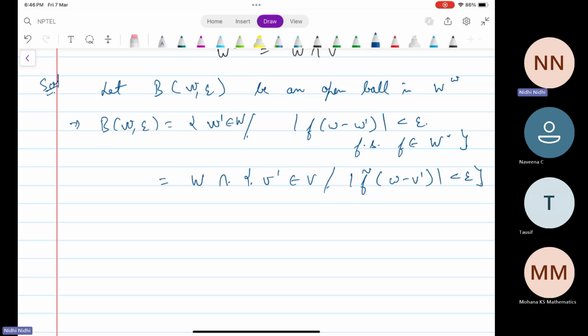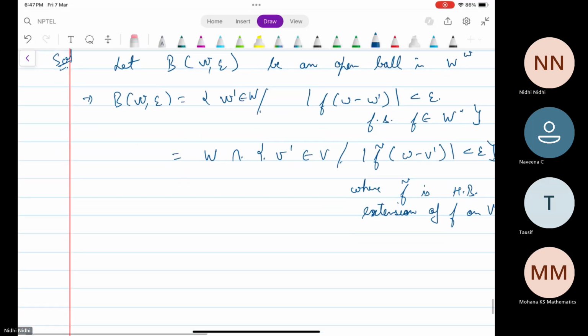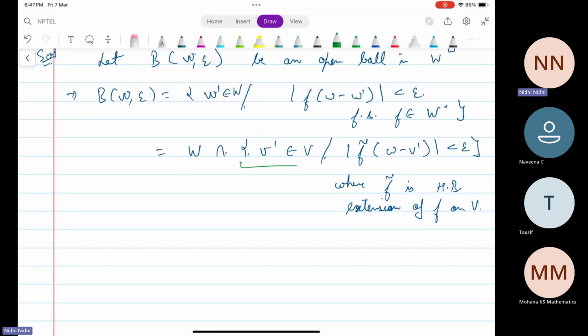Is it fine how I did this? Because clearly the value of f tilde at every point in W is the same as that of f, where this f tilde is the Hahn-Banach extension of f on V. So now this is a weakly open ball in V. So I can write it as W intersection B_V(epsilon).